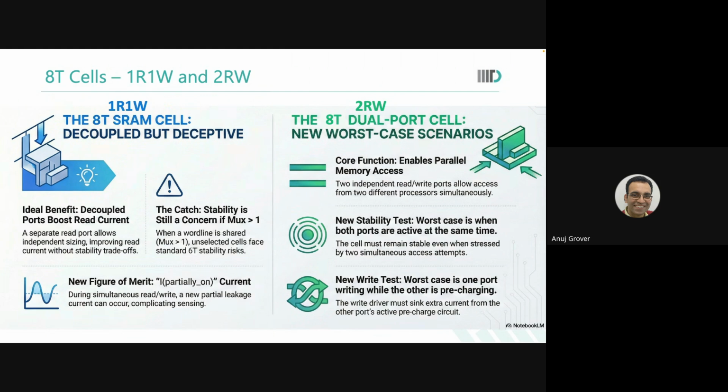So it is continuously pouring in more current over here. You are discharging some current from this write driver, but the other pre-charge is pouring in current from there. So you're not really able to write a zero.